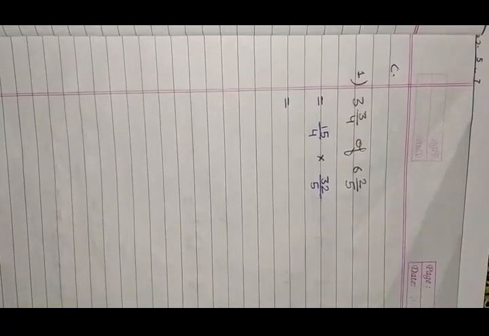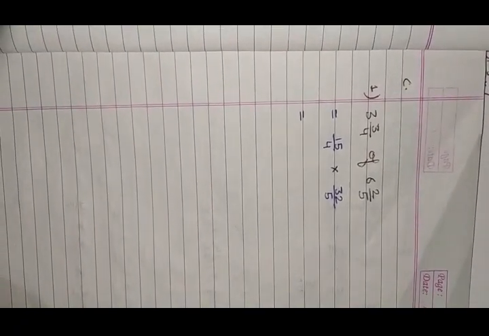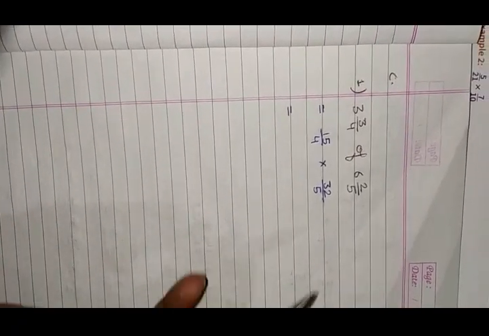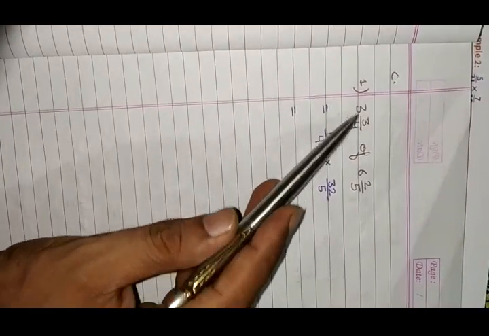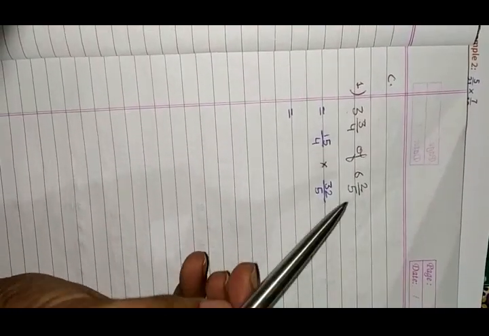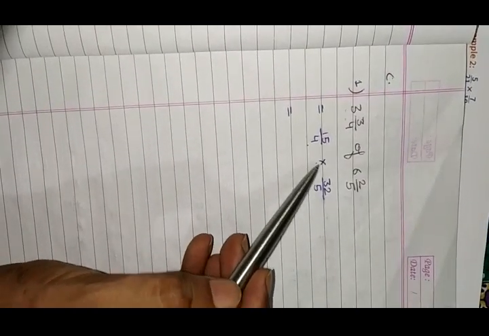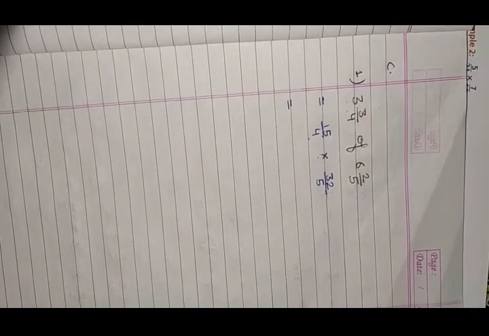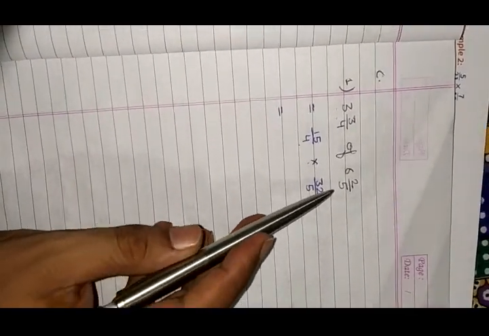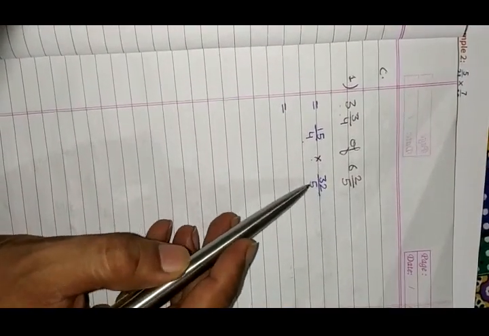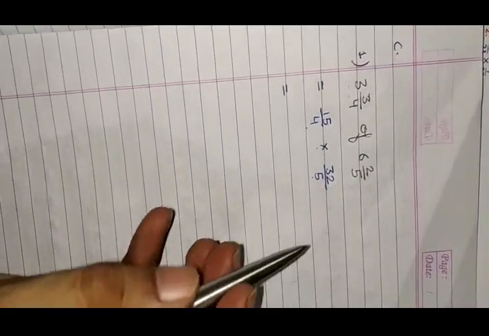Okay. Part C. Find 3 3 by 4 of 6 2 by 5. Convert both mixed fractions to improper fractions. 15 by 4 of, of means multiply. 6 fives are 30 plus 2, 32 by 5. Now check the common factors in numerator and denominator.